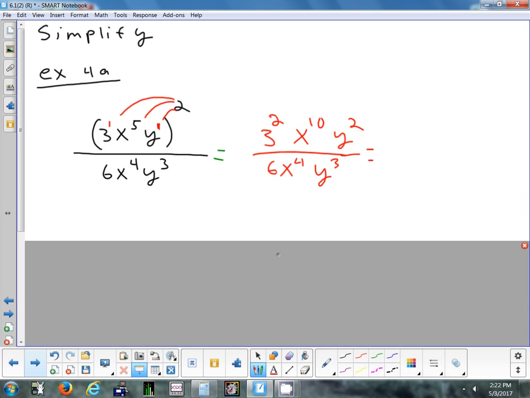So what can I simplify in the top? 3 to the second power. That's a number. What is 3 to the second power? Careful, not 3 times 2. 3 times 3. 9. And now I'm going to copy everything else. Keep it exactly the same.